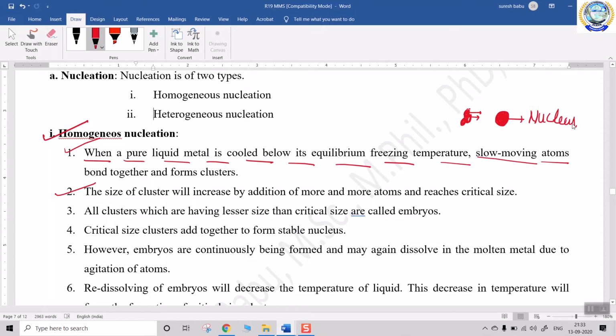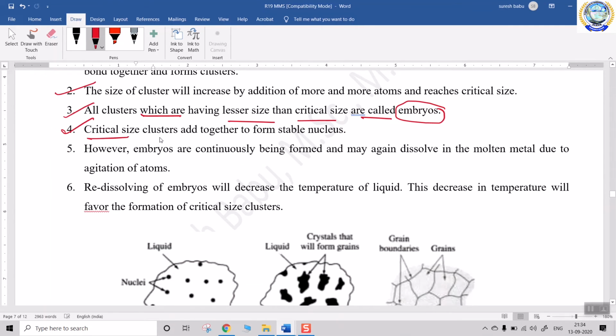All clusters which are having lesser size than critical size are called embryos. Just we discussed. All cluster particles which are having lesser size than the nucleus are called embryos. Critical size clusters add together to form a stable nucleus.